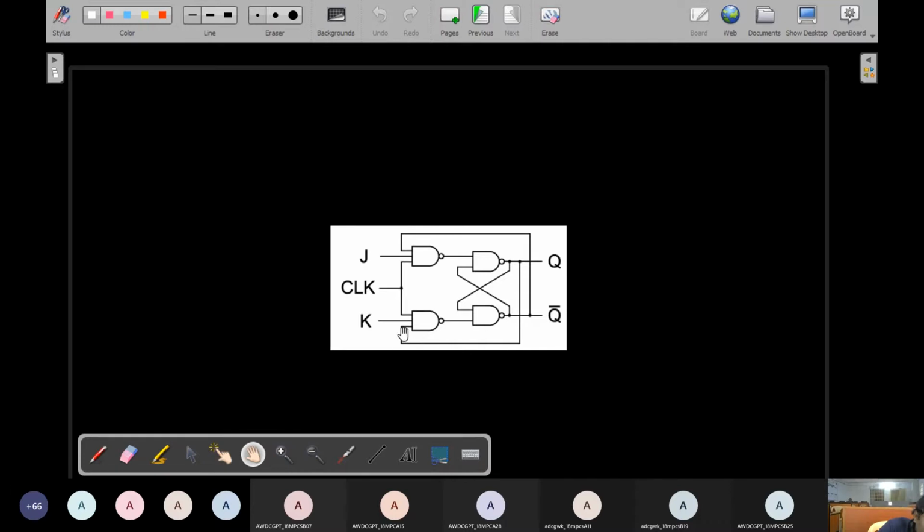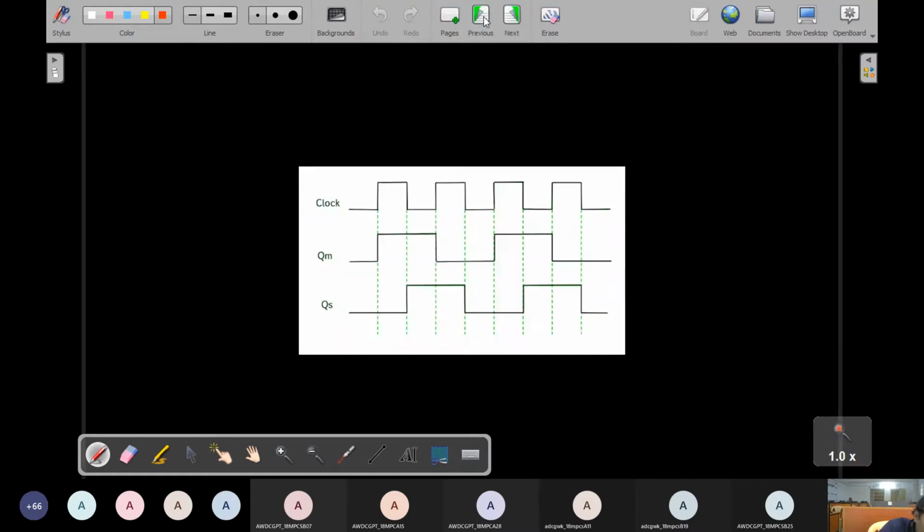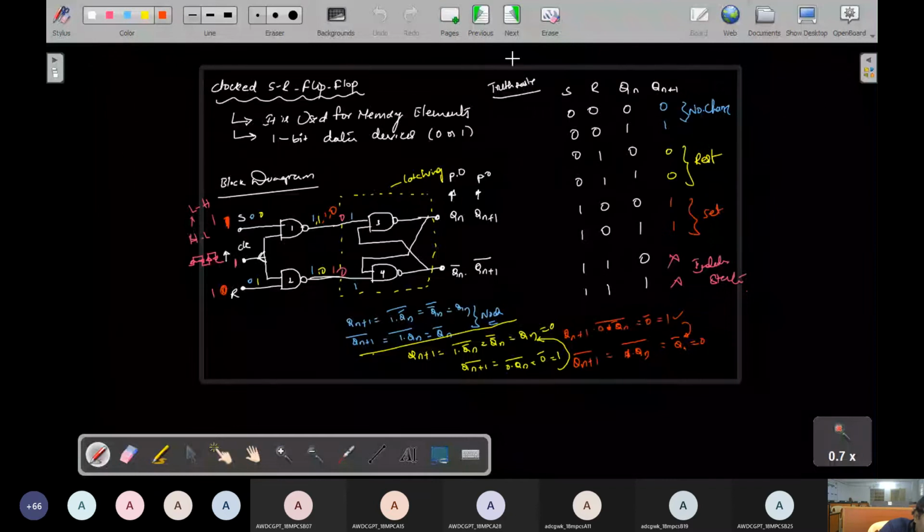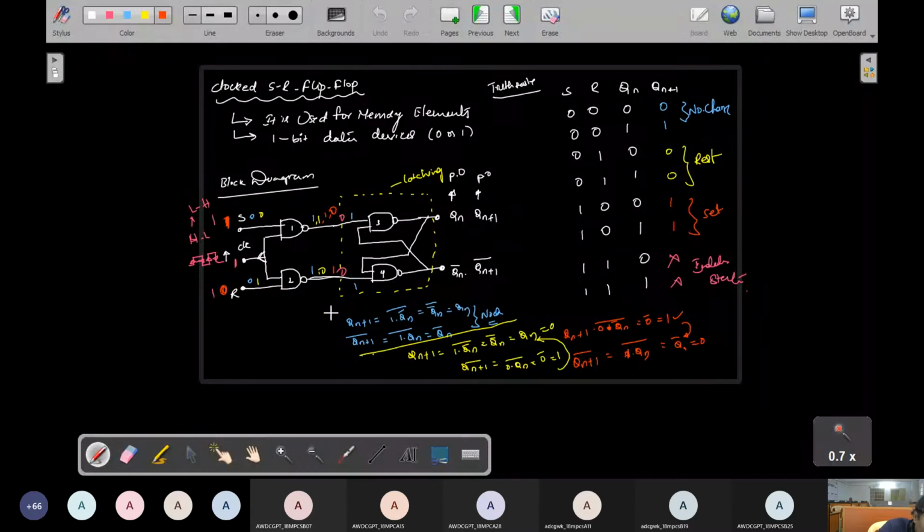Now simply consider these as gates 1, 2, 3, 4. If you look at the SR flip flop, I'm not giving any feedback there. Once again they connect feedback. So to eliminate this situation, he modified the SR flip flop.